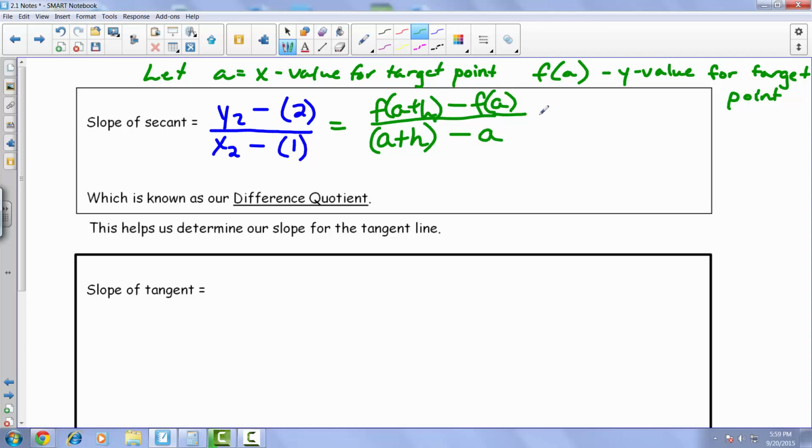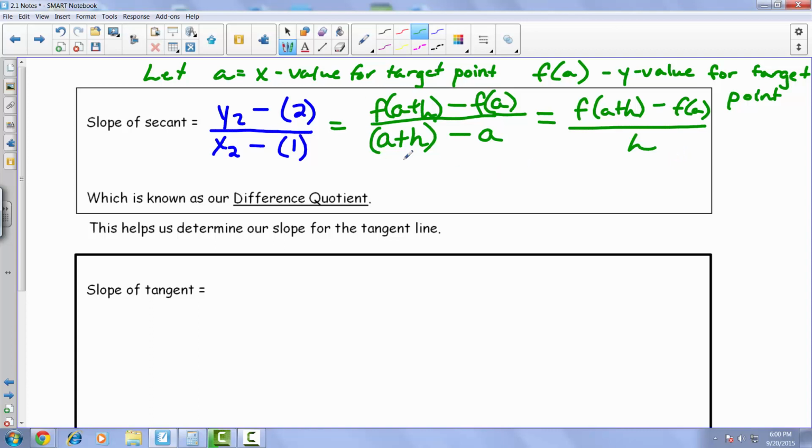Now we can simplify this a little bit, where we end up with f of A plus h minus f of A, all over h. On the bottom, we can see that the A's just cancel out, leaving us with just h. This is also known as the difference quotient.